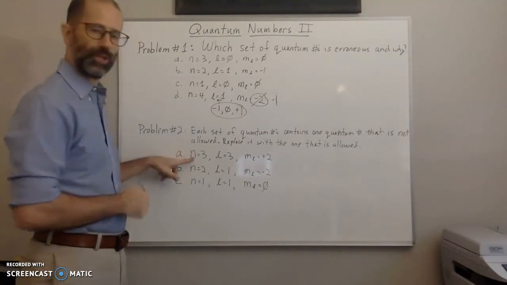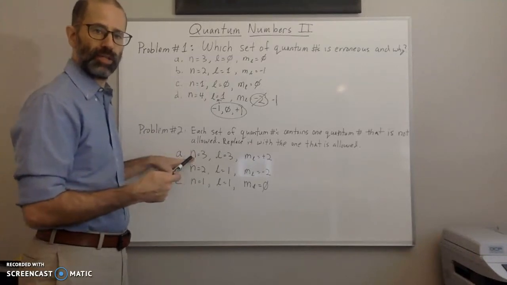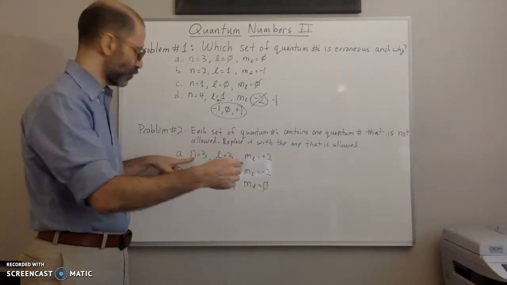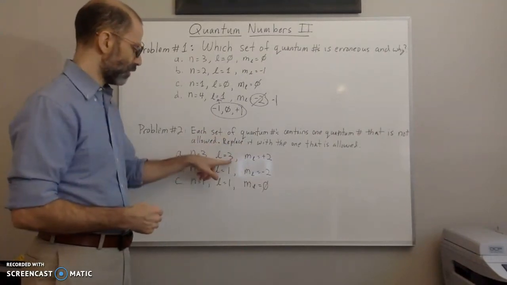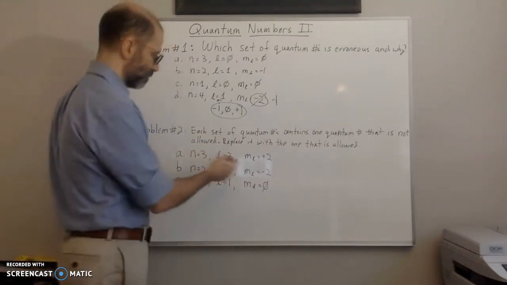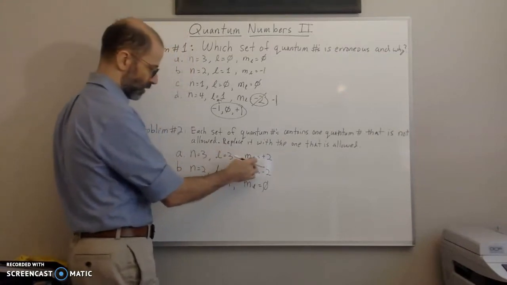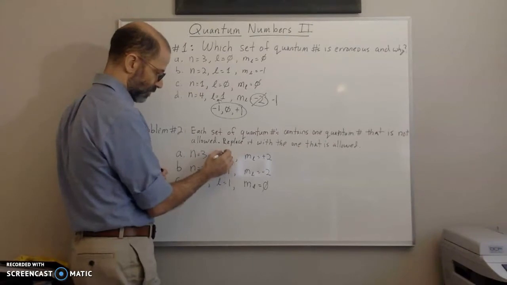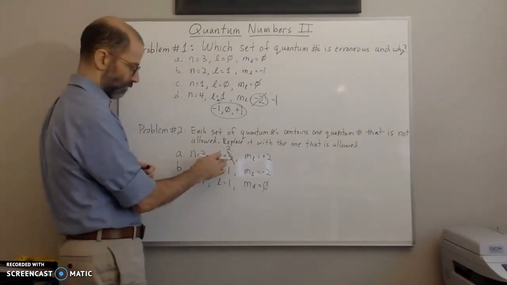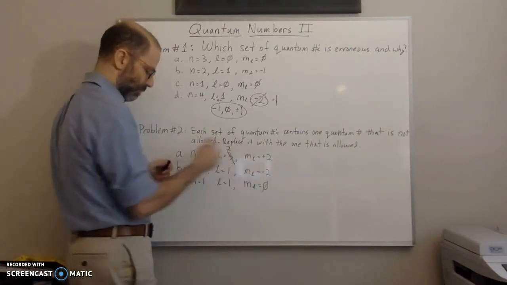We have n equals 3. So if n equals 3, then our L values can only go from 0 to n minus 1, which is 2. So from 0 to 2. And notice we have 3. So we've gone beyond what we're allowed. This should not happen. So this should be at least a 2. If we make this a 2, that would have to be a 2, because notice we have our m sub L value here, which is a plus 2.